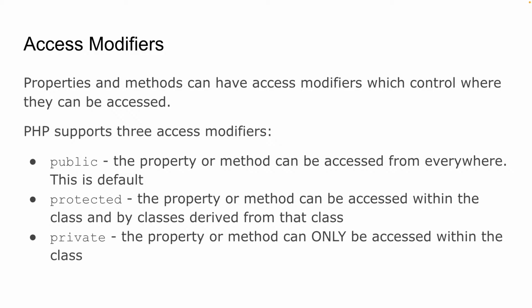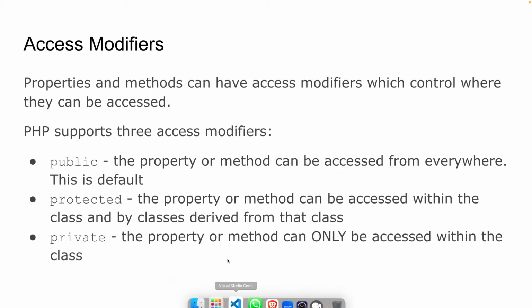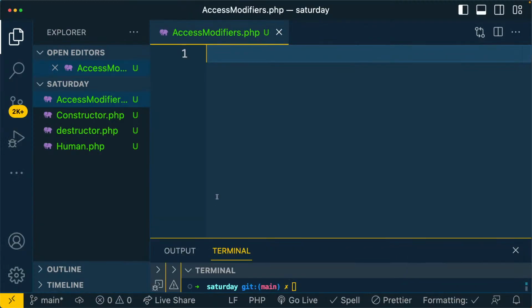So without further ado, let's take a look at that, because we can only say so much. The best is practical. That can show us what we mean. So we're gonna have a class here.